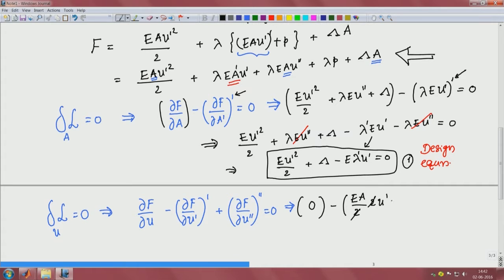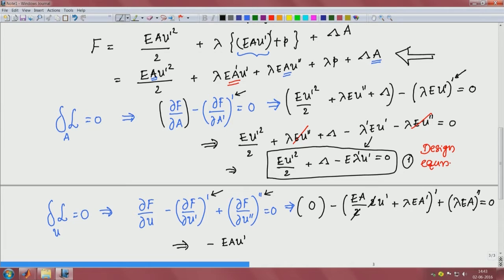So E A u prime, and then the other one will be lambda E A prime, and this should be prime of that. And then dou f by dou u double prime will be lambda E A, and we have to take double prime because of that, and that should be equal to 0. So let us expand this. For the first one you get E A u prime, and we have to take another prime of that.